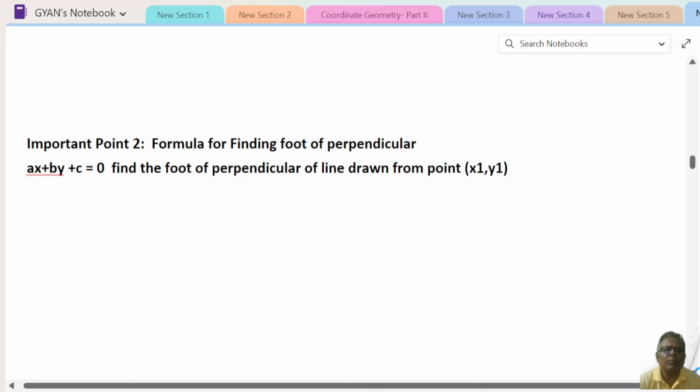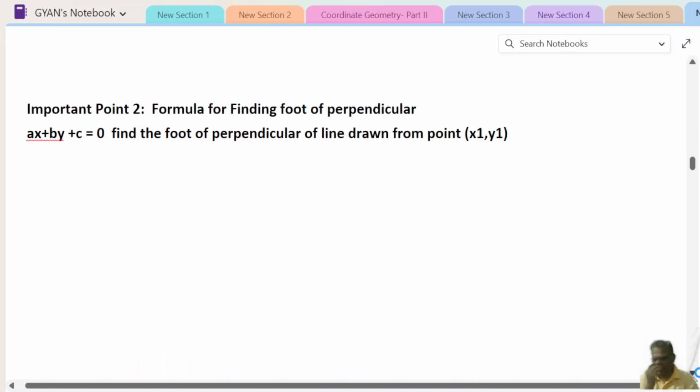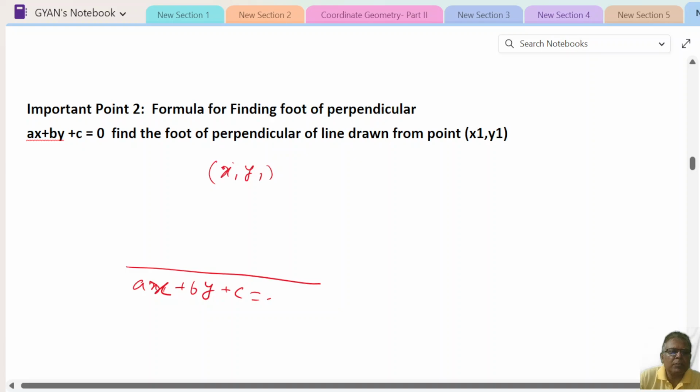Now, finding the foot of the perpendicular. Suppose one point is (x1, y1) and the line is ax plus by plus c is equal to 0. The point on the line from which the perpendicular falls is called the foot of the perpendicular.